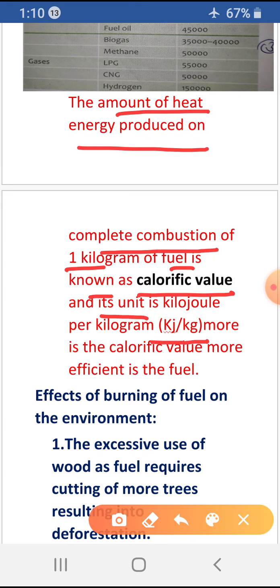It means how many kilojoules of energy are released by 1 kilogram of any fuel, that is equal to the calorific value. The more the calorific value, the more efficient is the fuel.